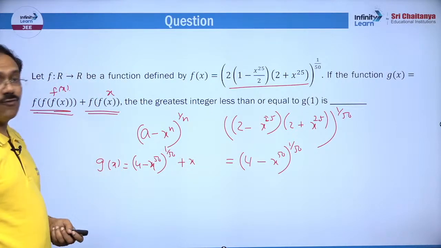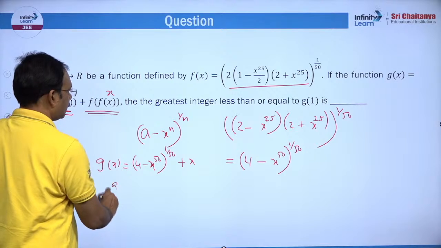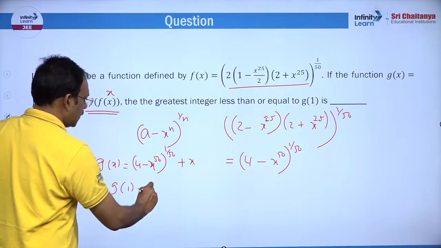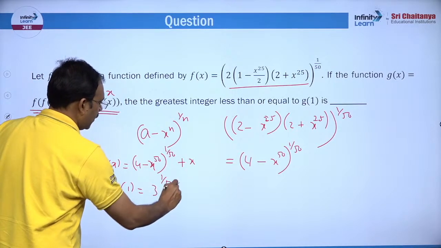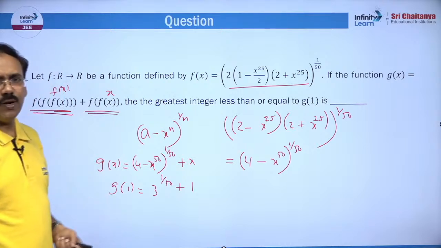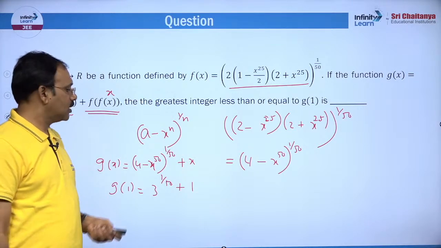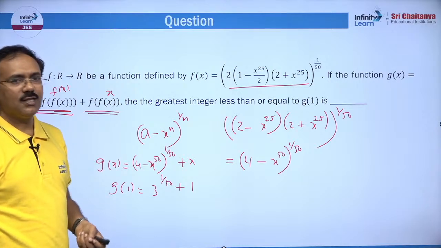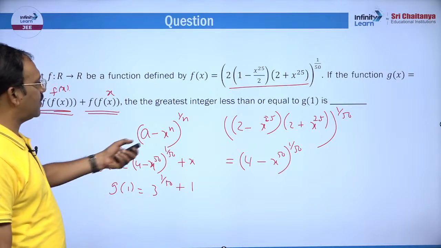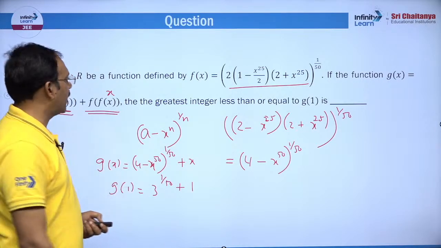Now g of 1 he is asking about, this is 3 power 1 by 50 plus 1. 3 power 1 by 50 will be undoubtedly 1 point something, so 2 point something you will get. So the answer he is asking for will be 2, my dear friends.